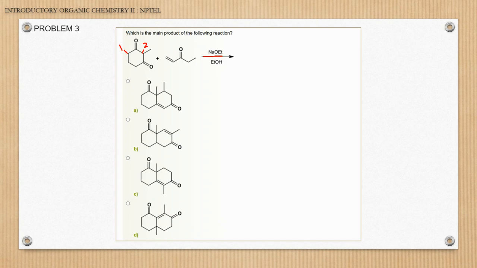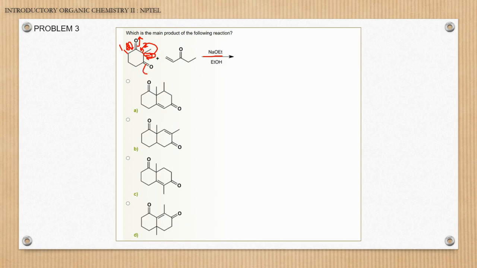2. Why 2? Because after the generation of the carbanion at this center and the carbanion at the other center at 1, this carbanion is getting stabilization via only one carbonyl group. But if you can see here, this carbanion is stabilized by both the carbonyl groups.